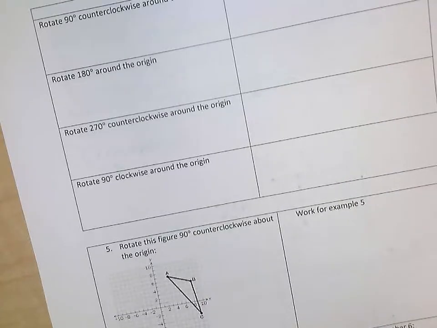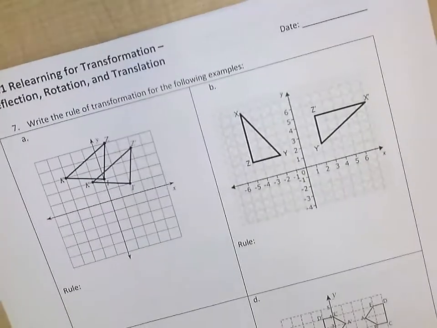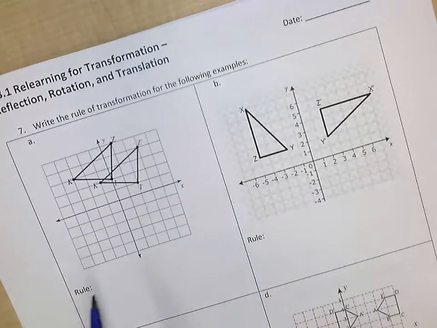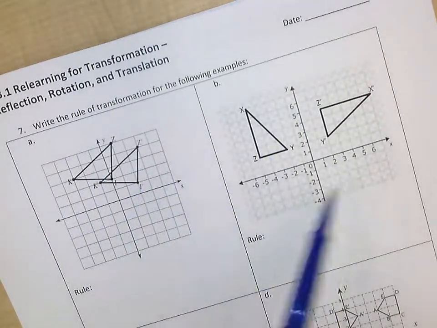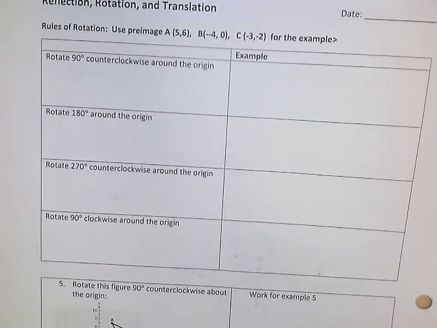Okay, so now we're looking at the rules of rotations. There are lots of rules in here. We're going to be looking at the rotation one because that's a little bit more complicated than the other ones. We can look at the problem and figure it out quite easily, but we're going to have some specific ways that we need to do the rotation.